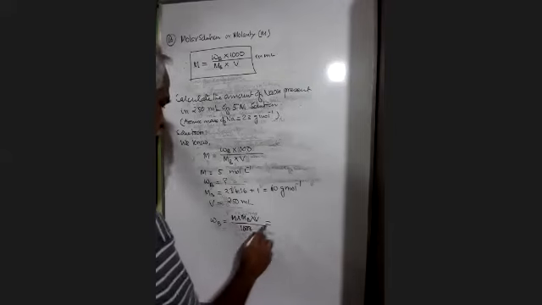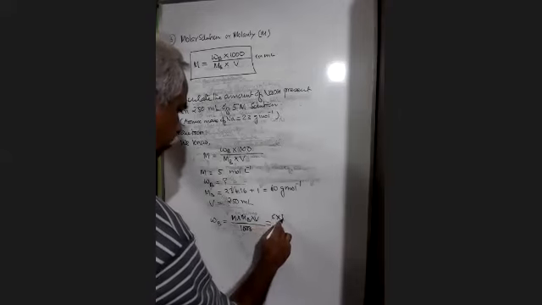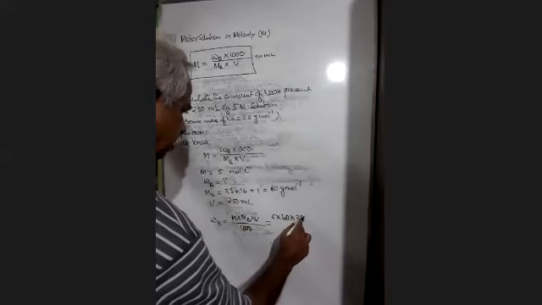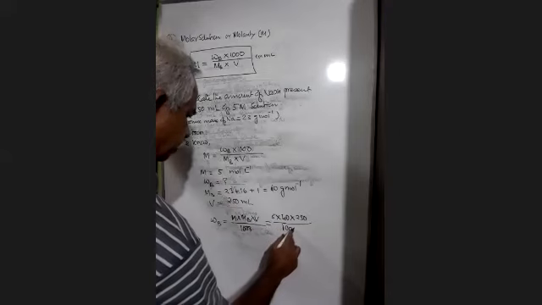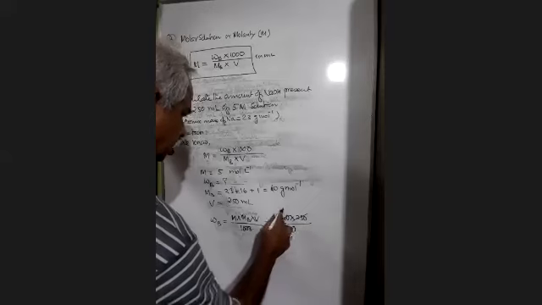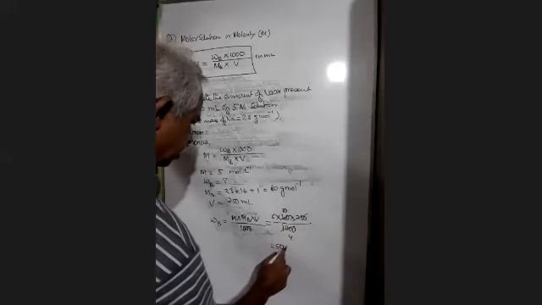So what is M? 5. MB, 40. V, 250 ml divided by 1000. So this and this will be 4. This is 10. So it is 50.